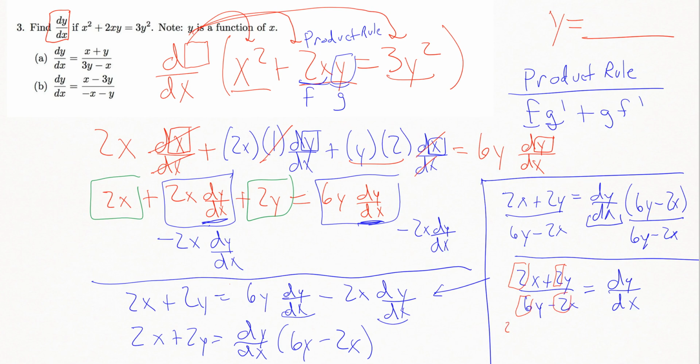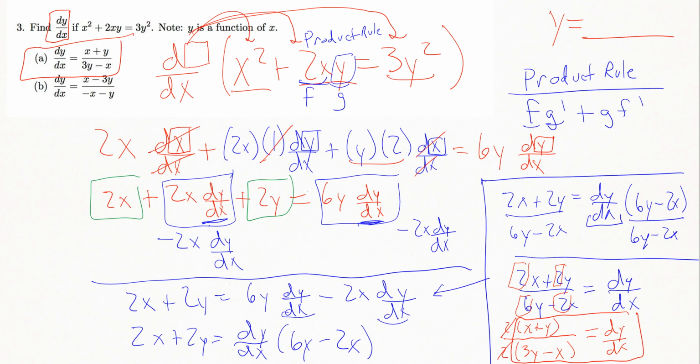So they pulled a 2 out of everything. So x plus y out of the top, pulling a 2 out of every piece. And then out of the bottom, when I pull a 2, I end up with 3y minus just a single x equals my dy dx. And so those 2's end up canceling out, and that right there is what you'll see is going to be your final answer, the x plus y over 3y minus x.